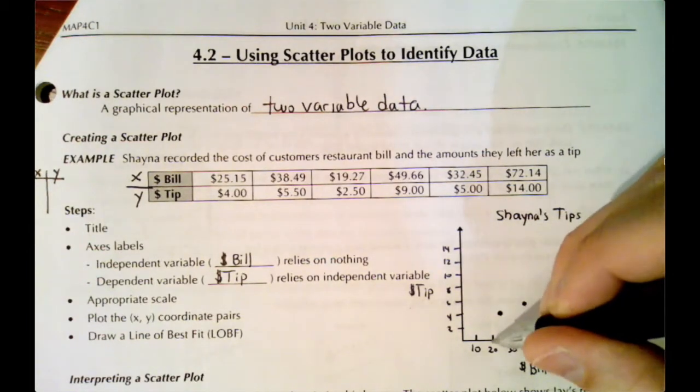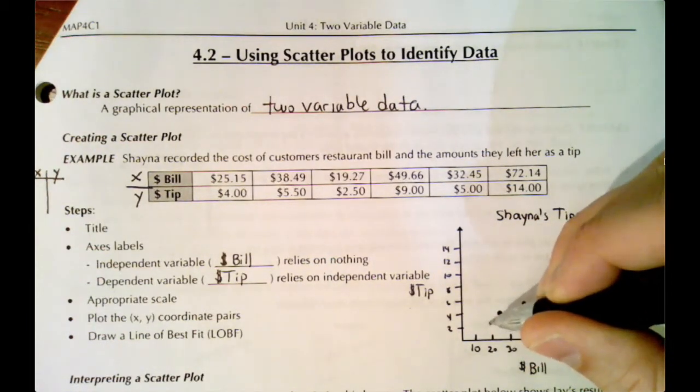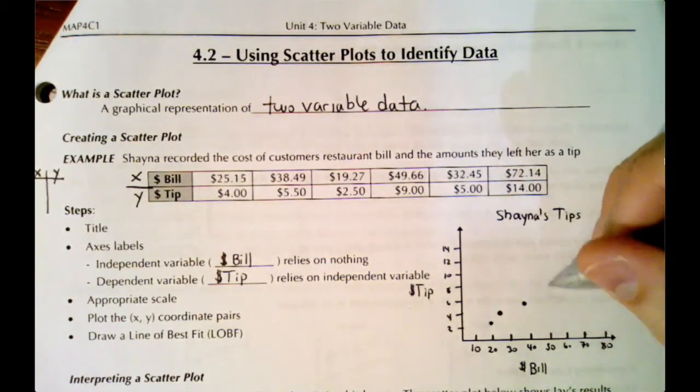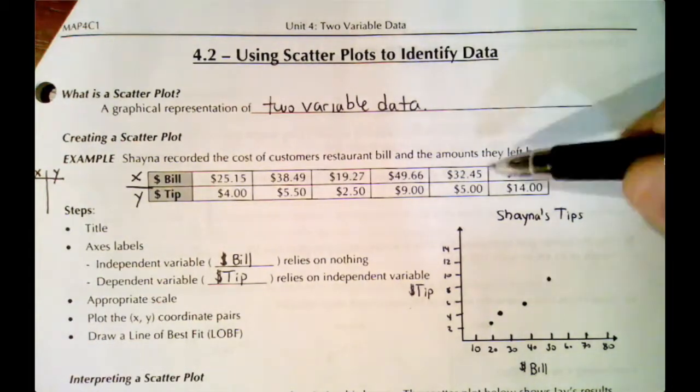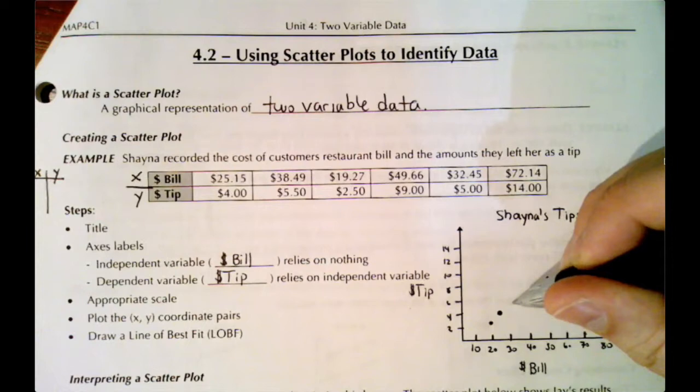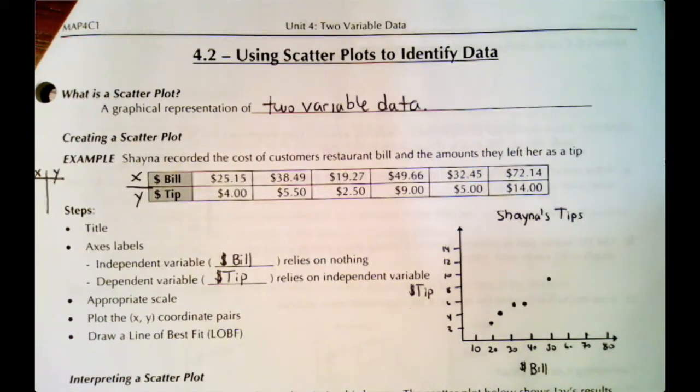That's about 20. 50 and 9. 50, 9's between 8 and 10. 32 and 5. 32, 5. And 72 and 14. 72, 14.